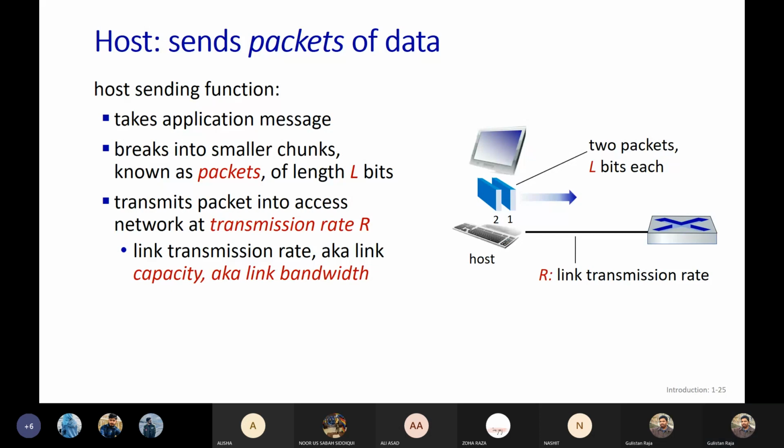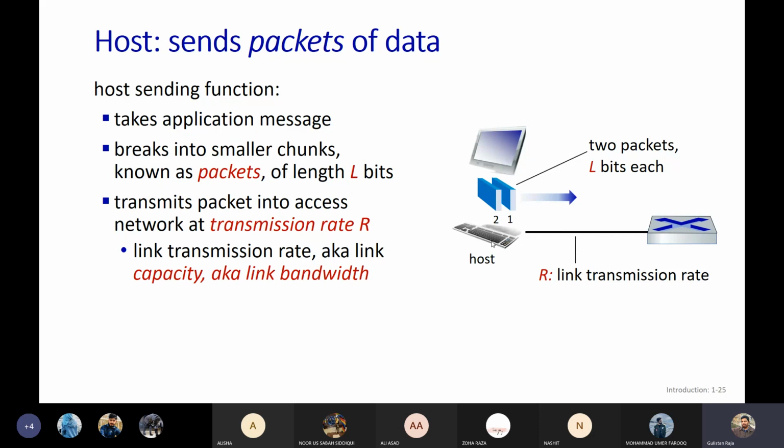Can you see the slides also? Yes, sir. Okay, so we were talking about this. The link transmission rate also has alternate names: link capacity, link bandwidth, etc. So what is happening here? The application is generating a message.